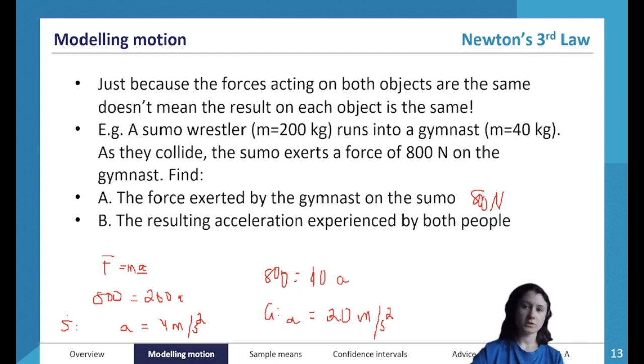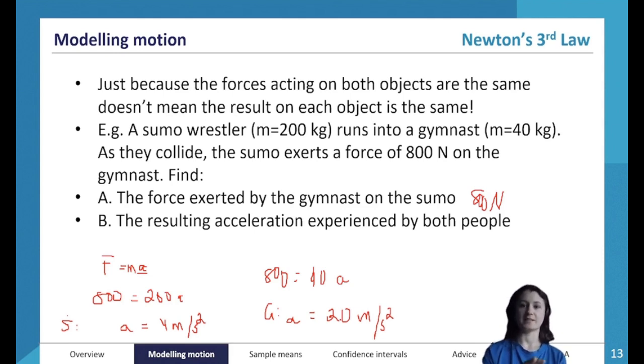And that is because the gymnast is so much lighter that even though the 800 newtons was exerted on both of those parties, that force affects the gymnast to a much greater extent because it requires less energy to move the gymnast. Thinking about this really granularly, the force you have to exert to push over a bookshelf is a lot more than the force you have to exert to push over just a single book.